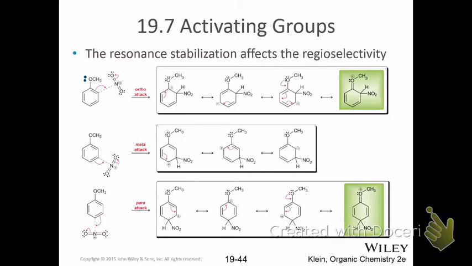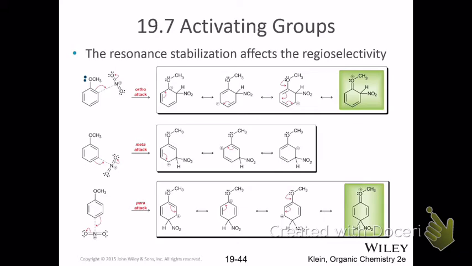Because of this lone pair, once you form this carbocation, this lone pair can participate in resonance and delocalize the charge over one more atom or one more bond. And the more resonance structures that you have, the more stable it becomes.